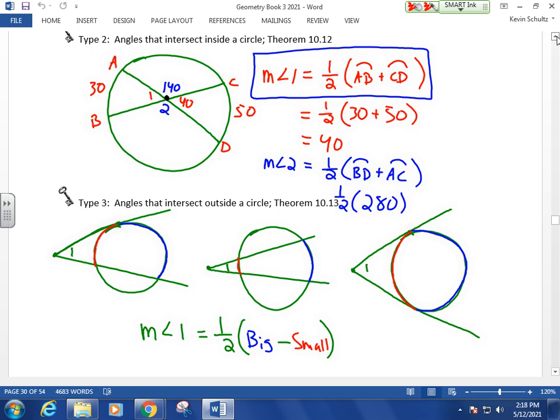So, just picking one of these as an example, we'll go with the first one here. If the big arc, we'll say, is 110, our small arc, we'll say here, is 60.